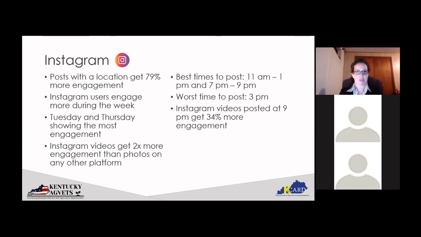Some key times we've got listed there would be 11 a.m. to 1, and then that window from 7 to 9 p.m. Avoid 3 p.m. This is not just for Instagram. We found that emails like newsletters sent around this time don't have a very high open rate. And then if you're able and you feel comfortable to do promotional videos, those get twice as much engagement as photos. That includes on Facebook as well.